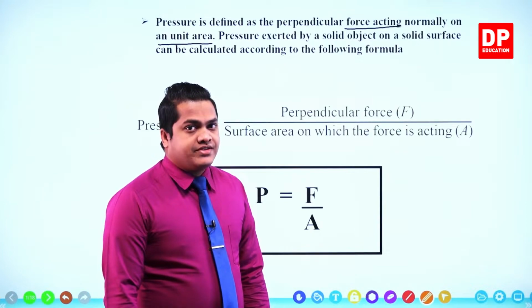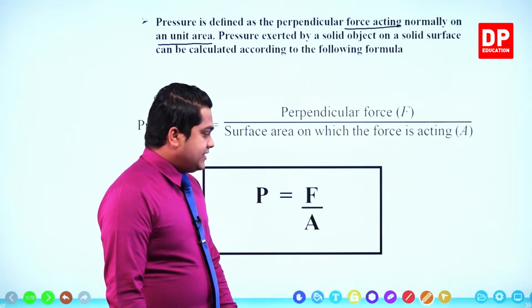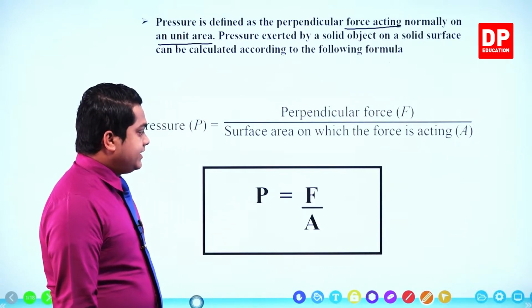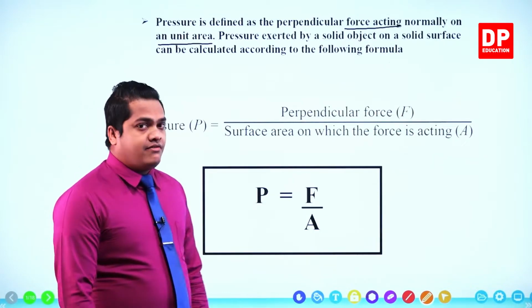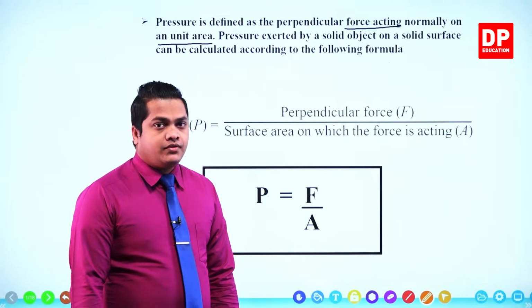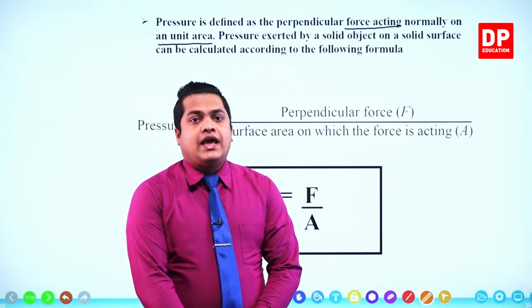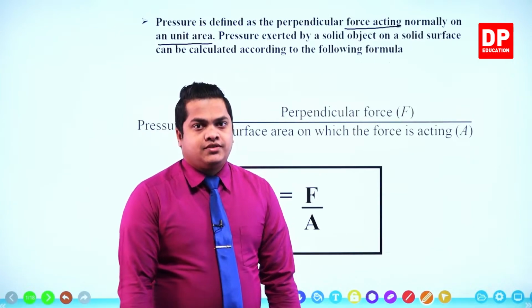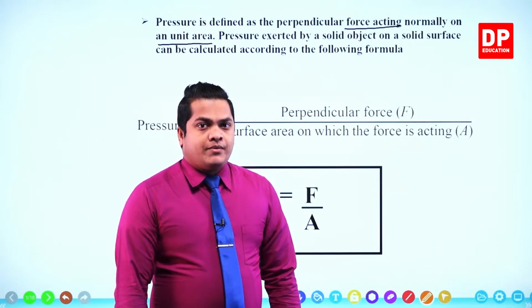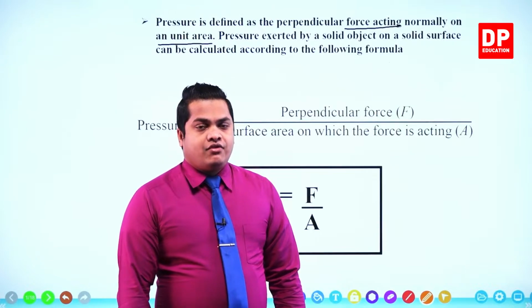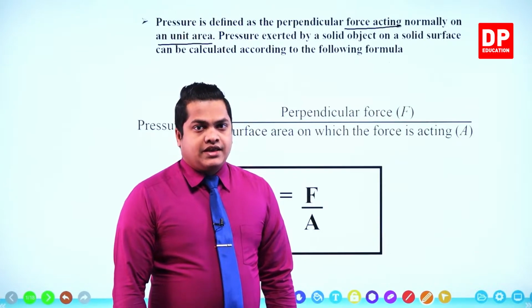In simple terms, you can write it like this: P is equal to F over A. This is the basic equation that we use in calculating pressure. We use the formula P equals F over A in calculating pressure.